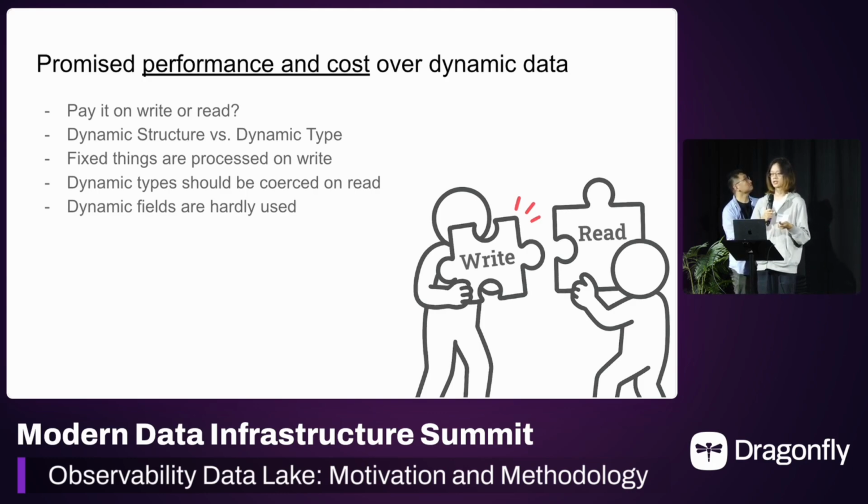Simply speaking, we have two passes where we can take action. The first is when data comes in, the write process, and the second is when data goes out, the read process or the query process. For the first, the most common case where almost all schemas are fixed, we choose to do the work on write.